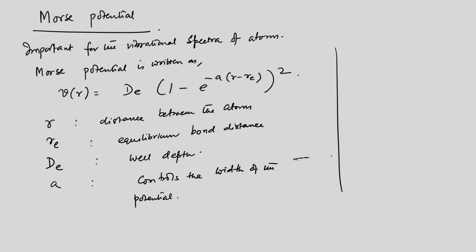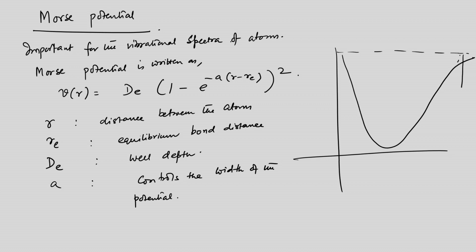So, one can actually talk about this d E, which appears as a coefficient of this term. So, this is V of r versus r. See that there is an anharmonic part there.